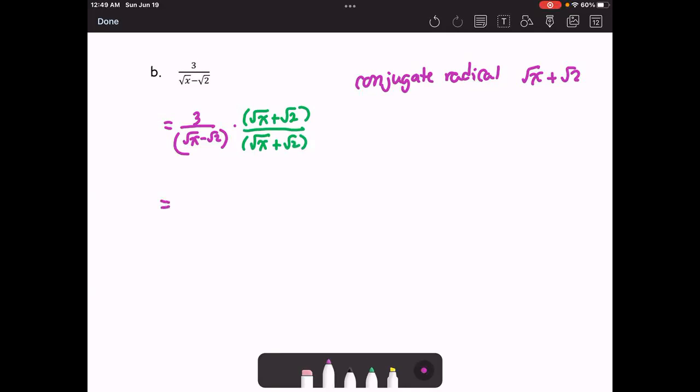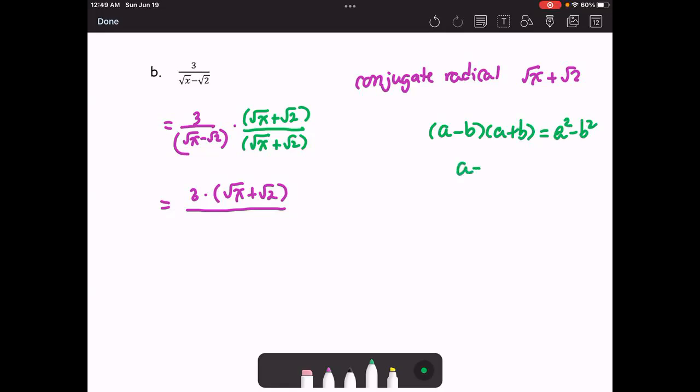The numerator is the product of the 3 and square root x plus square root 2. For the product of the two factors in the denominator, using the concept of multiplying the sum and the difference, it will give us the difference of two squares.